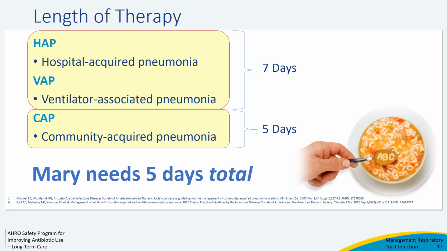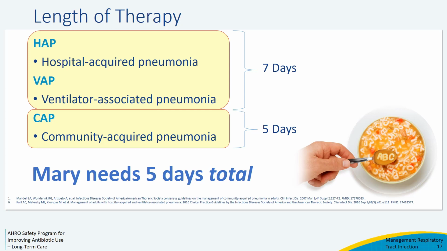Since we used a rapid diagnostic test, the Streptococcus pneumoniae urinary antigen test, and know the cause of Mary's infection, we also know she has community-acquired pneumonia and should plan on a total of 5 days of antibiotics. Remember, she already received her first dose of levofloxacin, which counts as day 1 of antibiotic therapy. Now that we are switching to amoxicillin, we know she only needs 4 more days of therapy.